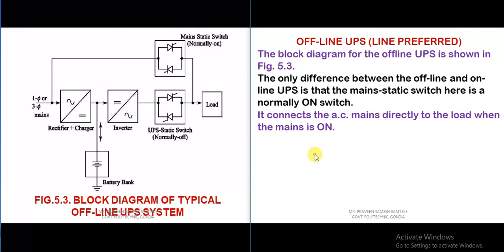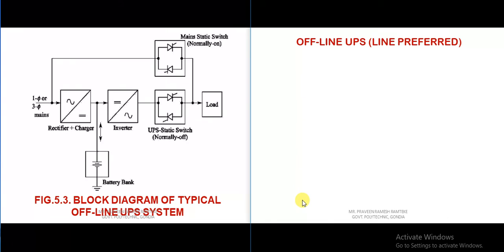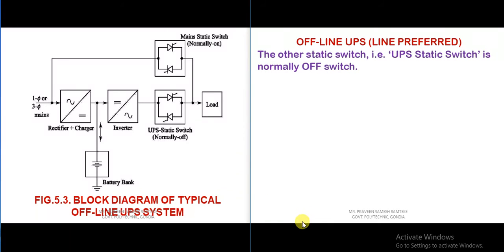The battery charger is a stabilized one which maintains the battery on float at fully charged condition, and at the same time it provides stabilized power to the inverter. The other static switch, that is this UPS static switch, is a normally off switch.